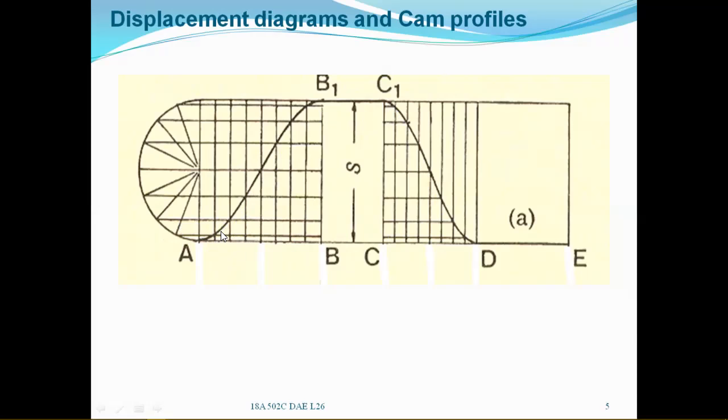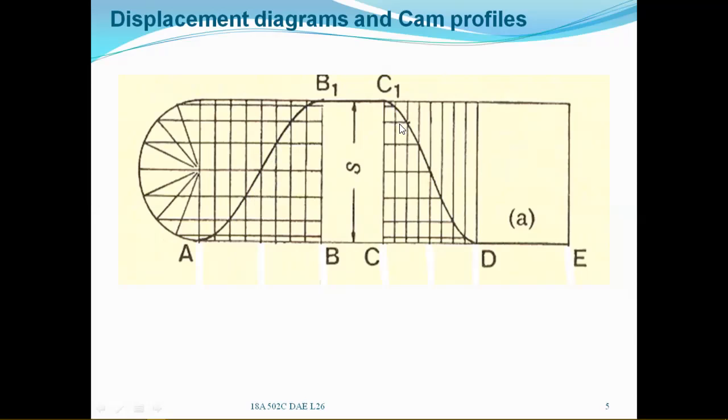If you take A, B, C and so on, capital A, small a, B, C, D, E, F, G, H, and similarly H dash, and up to D.